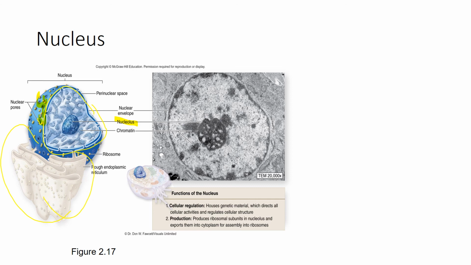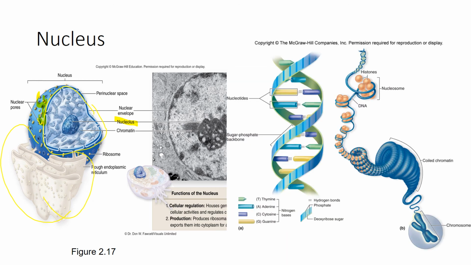All right, so last but not least, we have DNA, chromatin, and chromosomes that also are composed of the nucleus. The nucleus holds the DNA, or deoxyribonucleic acid, which is a molecule that has all of our genetic material.